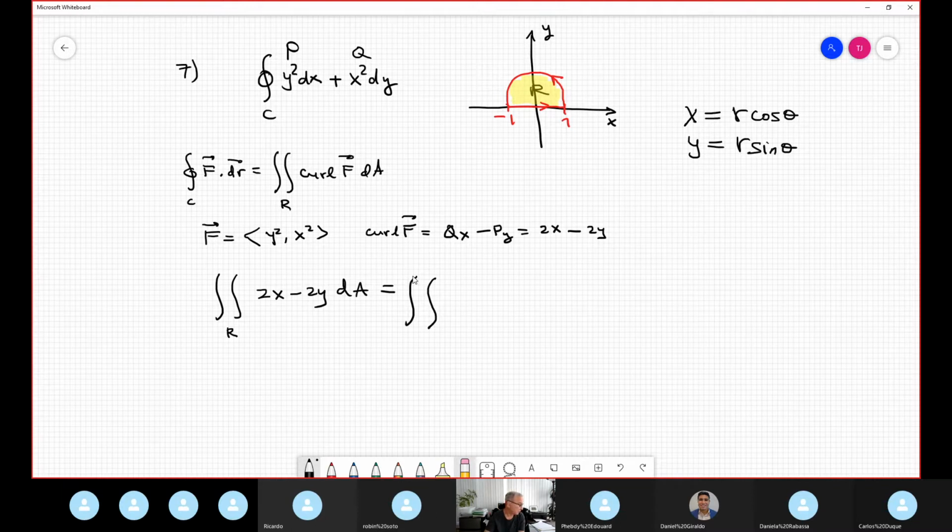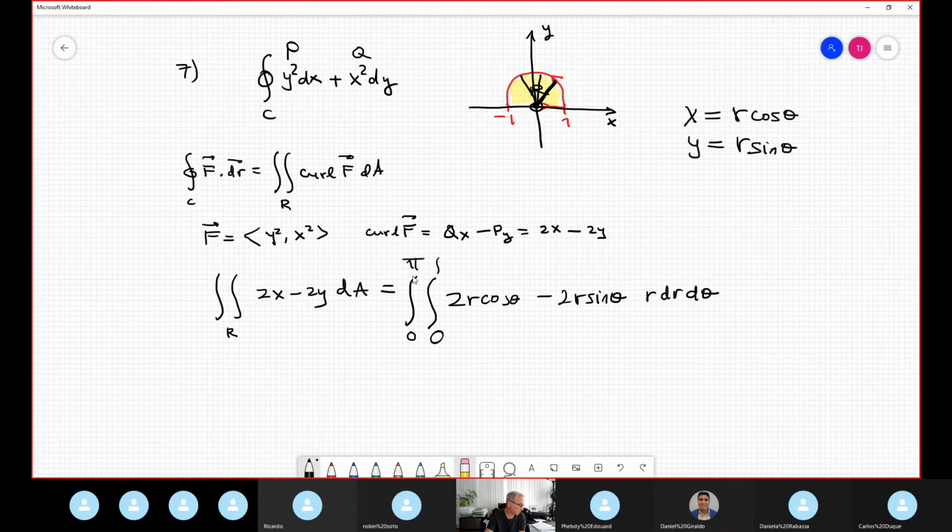Because I replace, this 2x is 2r cosine theta minus 2r sine theta. Remember the Jacobian, r dr dθ. And the limits go in r from 0 to 1, and theta goes from 0 to pi, not to 2 pi, because it's not an entire circle, it's a semicircle.